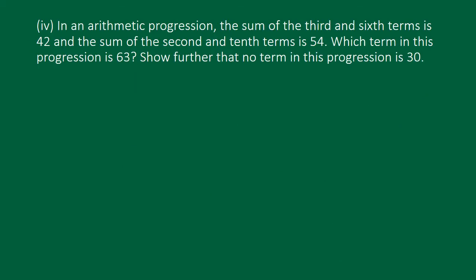And you can see this one, in an arithmetic progression the sum of the third and sixth term is 42, that means t3 plus t6 is 42, and the sum of the second and 10th term is 54, that is t2 plus t10 is 54.